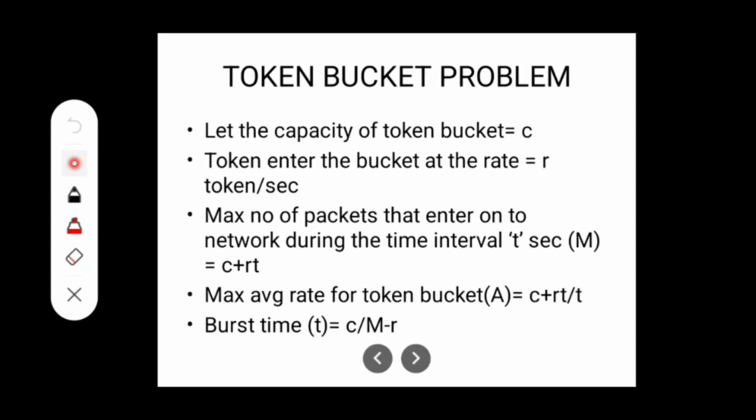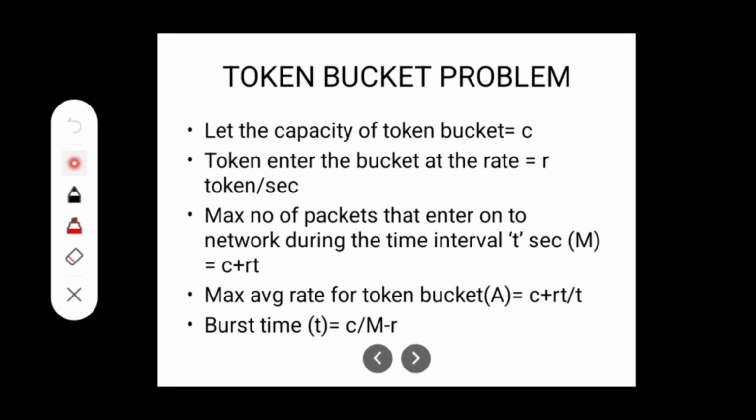Now we can compute the maximum number of packets that can enter into the network. The maximum number of packets that can enter the network in a time interval T is represented as M, and the formula is C plus R into T. C is the capacity, R is the rate, and T is the given time. So M equals C plus RT.